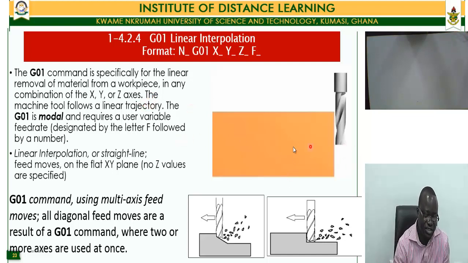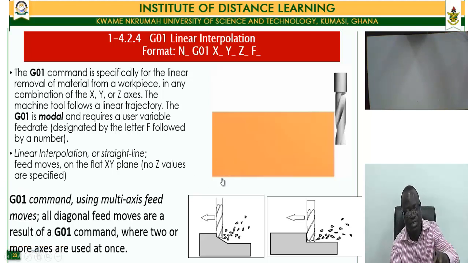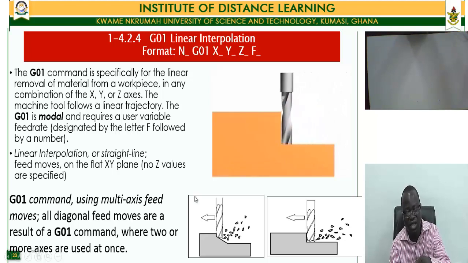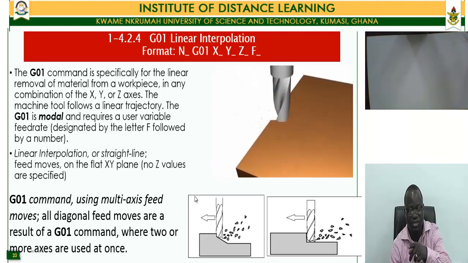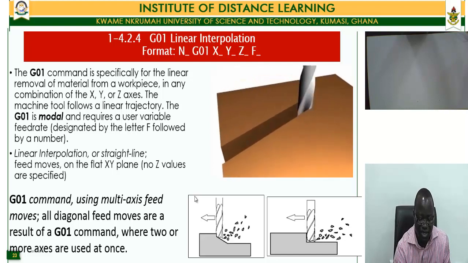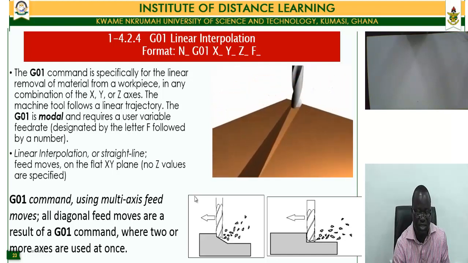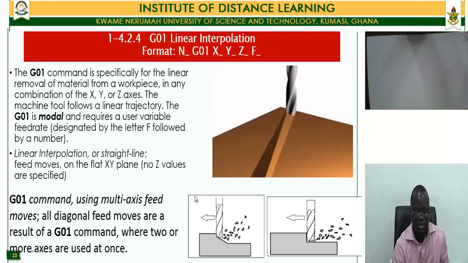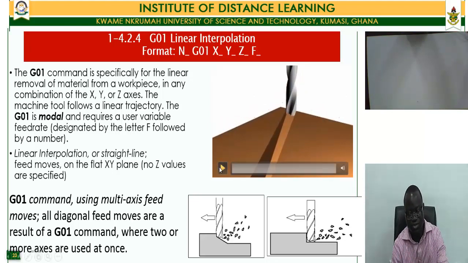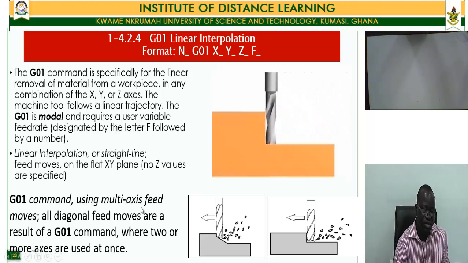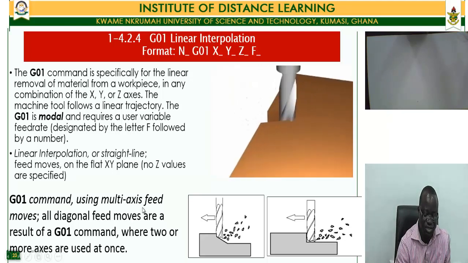So what it's saying is that it is not only used for simply a linear feed move, but you can have a move in the 3 axes, X, Y, Z. You'll notice that this is a 3-dimensional movement, X, Y, and then some Z, and that is what a G01 command can execute.